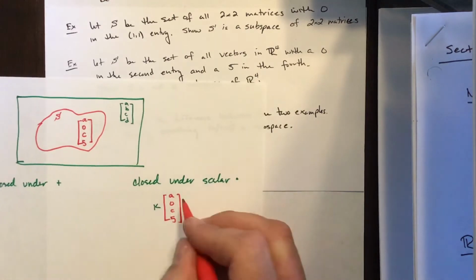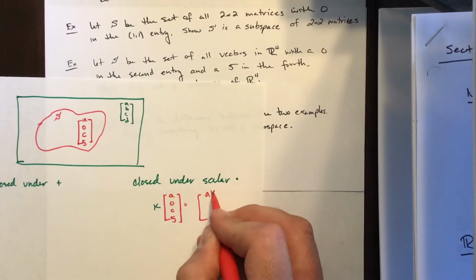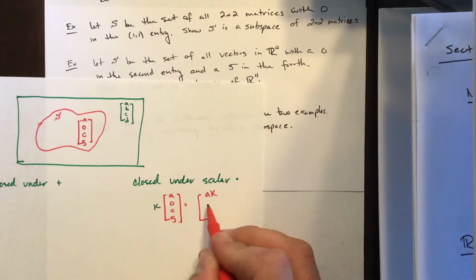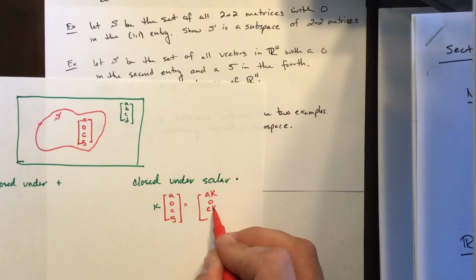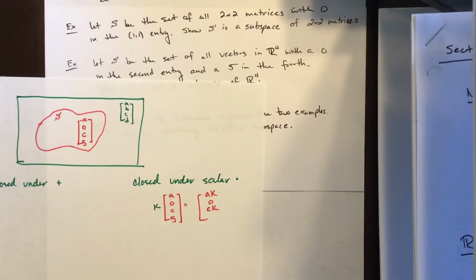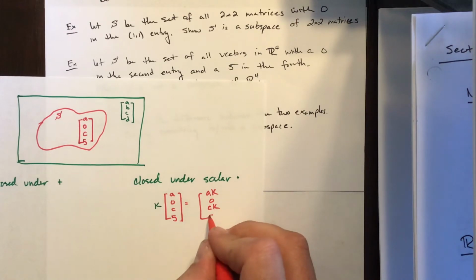What do you get out of this? Okay, you get this to be Ak, which is a real number, k times 0, which is 0, Ck, which is a real number, and 5k.